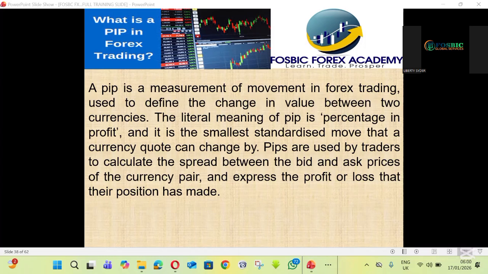So what we are saying is that pip is actually the smallest unit of change the price of a particular currency pair can undergo. That slightest change is what we call a pip, and the full meaning of pip is percentage in profit.